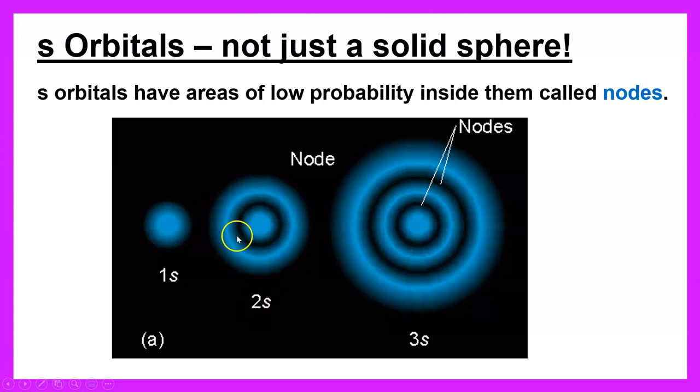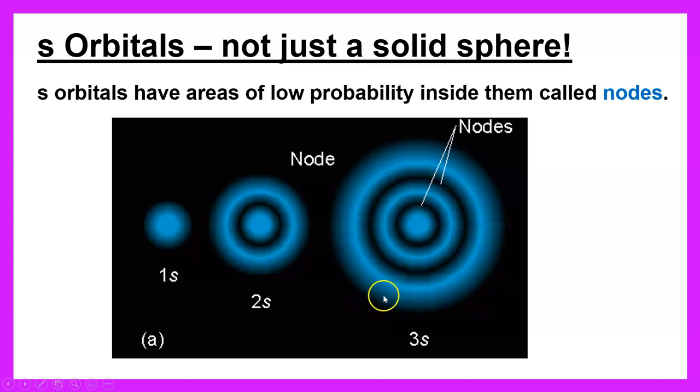This area we're not really going to find an electron, but we could find an electron pretty close to the nucleus, even though this is a 2s orbital. It's not that the electron is only out here. It could be closer. The 3s has 2 nodes here. So it's not that the electron can only be out here. It could be closer here, or it could be really close to the nucleus.